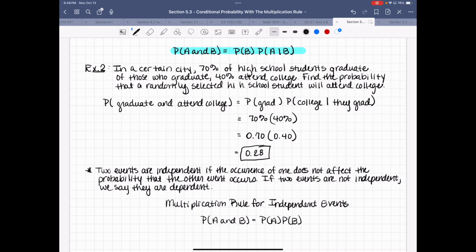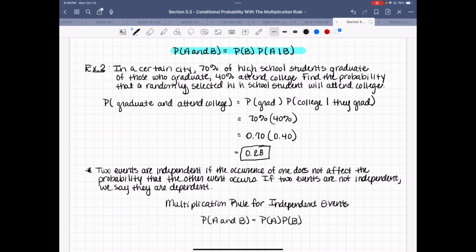Okay, an independent event is, what's the probability? You have two coins, and whether I get heads or tails on the first coin does not affect whether I get heads or tails on the second coin. Those are two independent events.